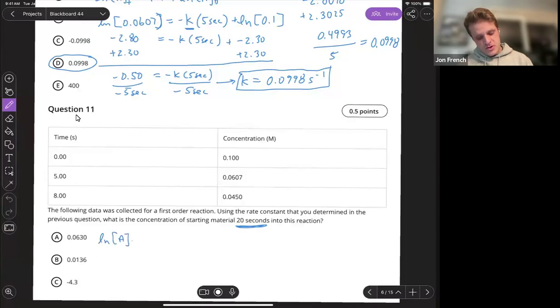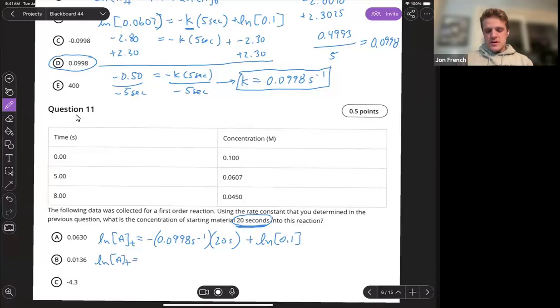So natural log of concentration at time t equals negative rate constant, 0.0998 inverse seconds. We want to find this new concentration 20 seconds into the reaction, and my initial concentration is still 0.1. So natural log of concentration at time t equals, we'll multiply that times 20.